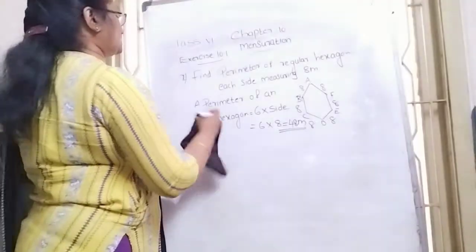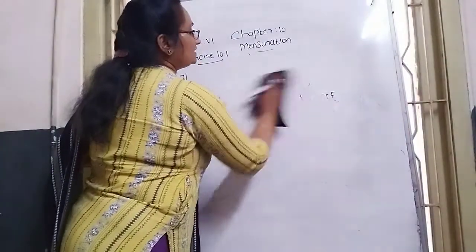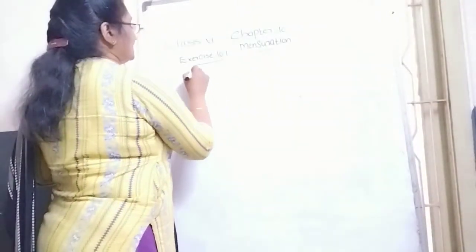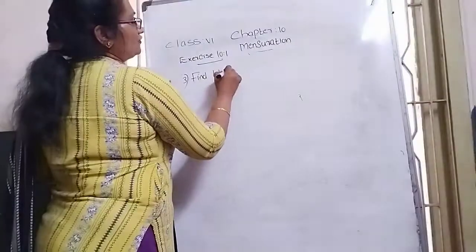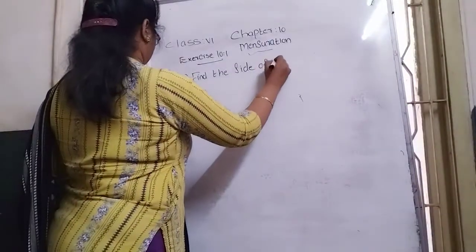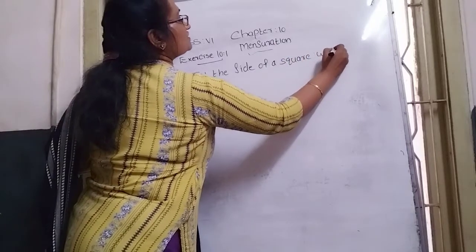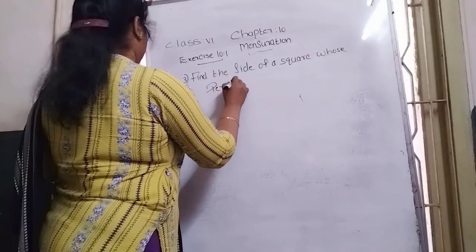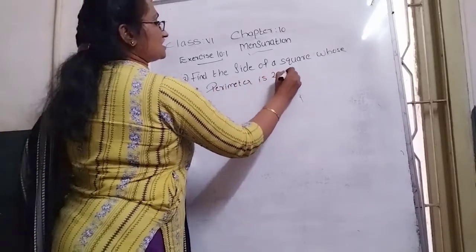Next, the third question says to find the side of a square whose perimeter is given. The perimeter is 20 meter.